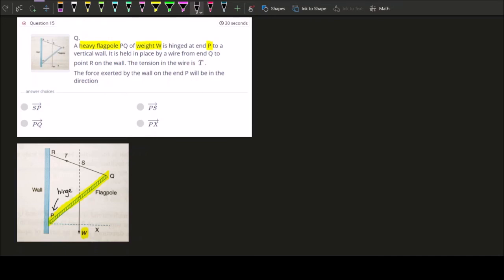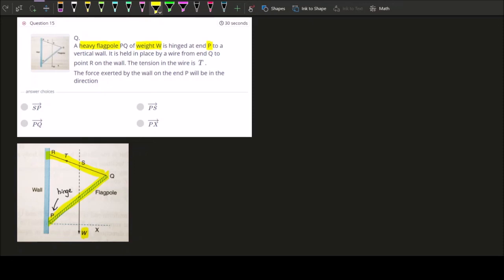Okay, then this is a vertical wall. Then it is held in place by a wire from Q to point R on the wall. So you know from the sentence that this is actually a wire. So if there's any force caused by this wire, it will be a tension. Okay, then yes, they mentioned the tension in the wire is T.